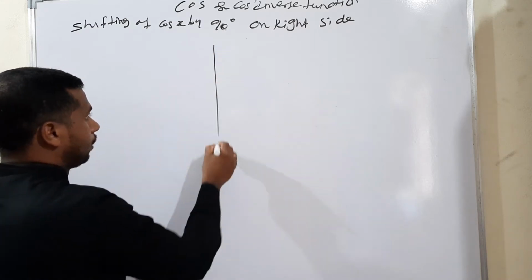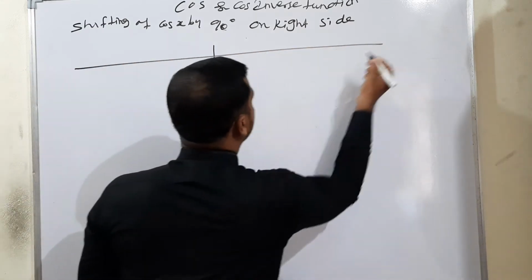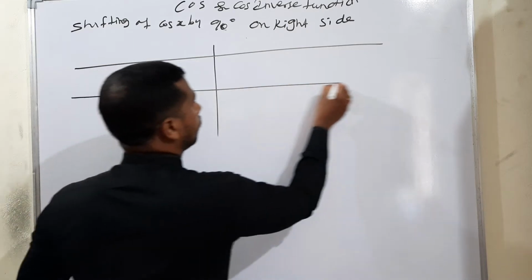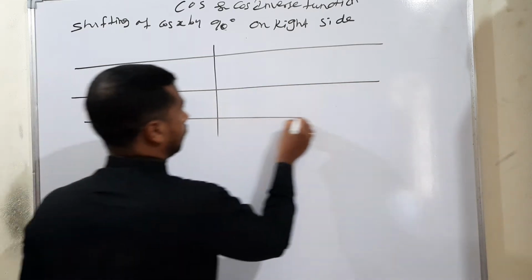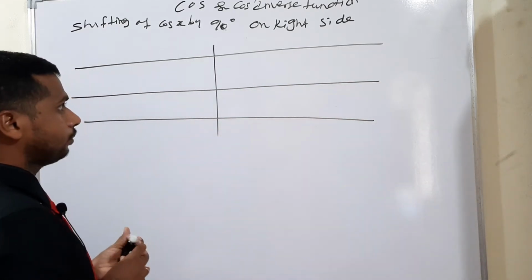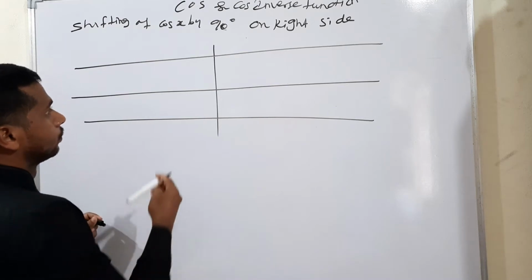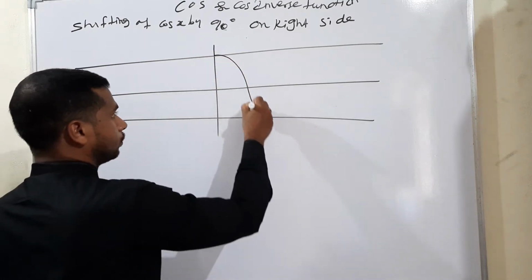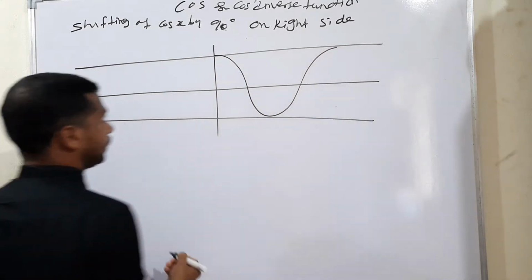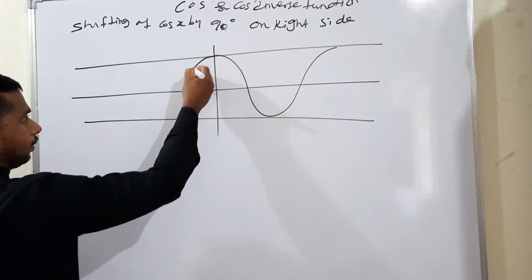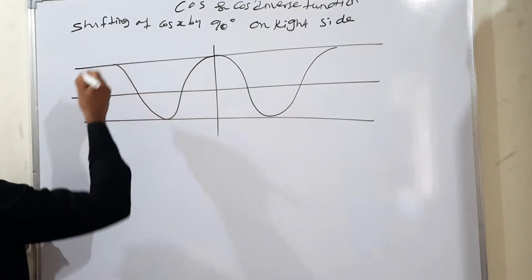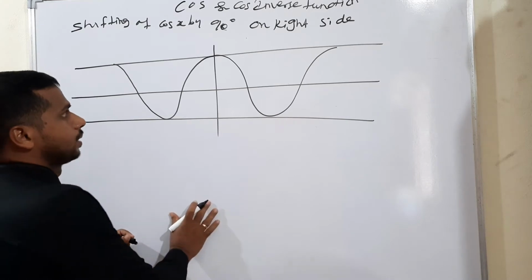Okay, and now this is one cycle. Okay, this is the cos graph.